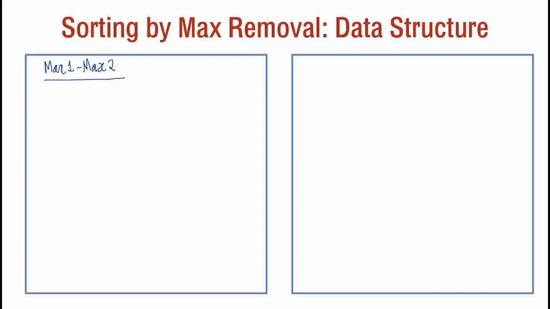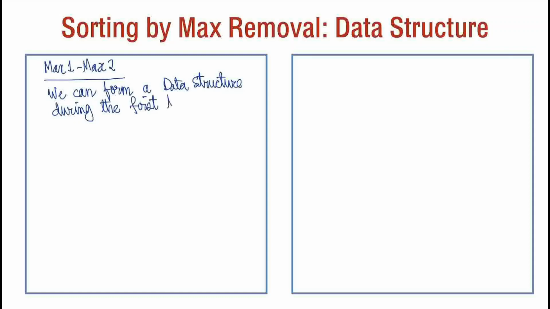We noticed that we can form a data structure during the first max, and this data structure we had called tournament, but as we shall see later on, a more efficient version of that data structure is called a heap.